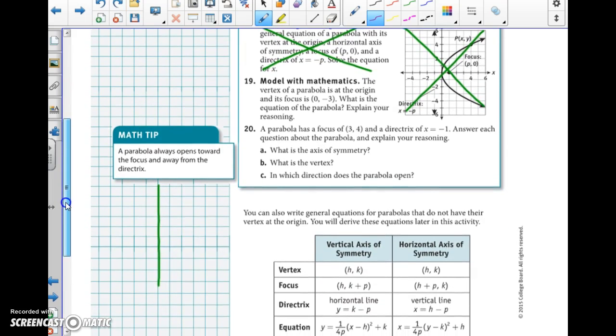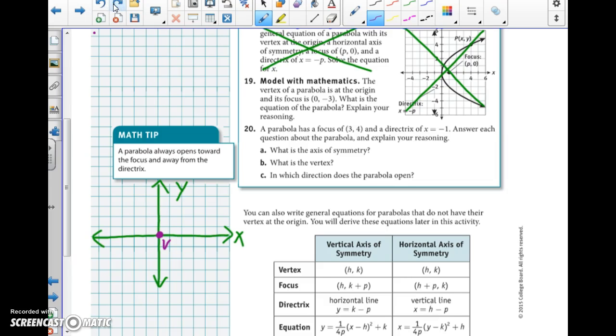So here's what's up. Look at number 19. You need a piece of graph paper to do this. That's why you got the graph paper right now. You have a vertex at the origin. So go to your origin, which is 0, 0, and put a point on your graph.